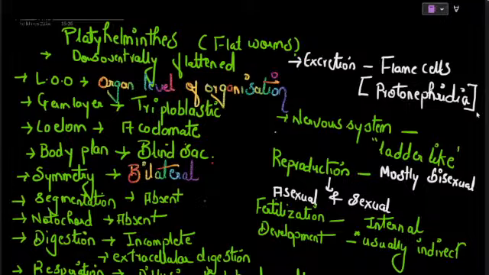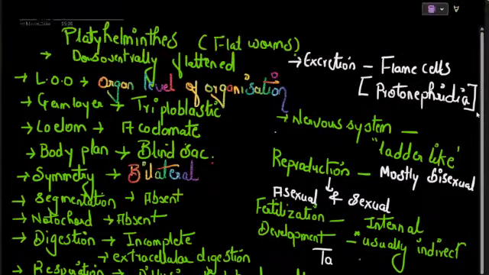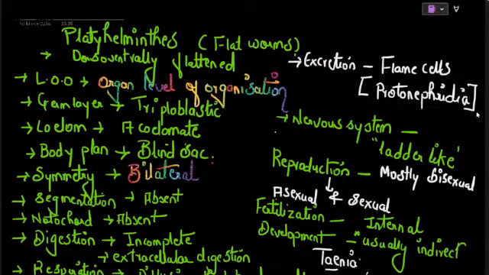Three important examples in our textbook. One is Taenia. Correct. Next is Fasciola. Most important characteristic of planaria: true regeneration.